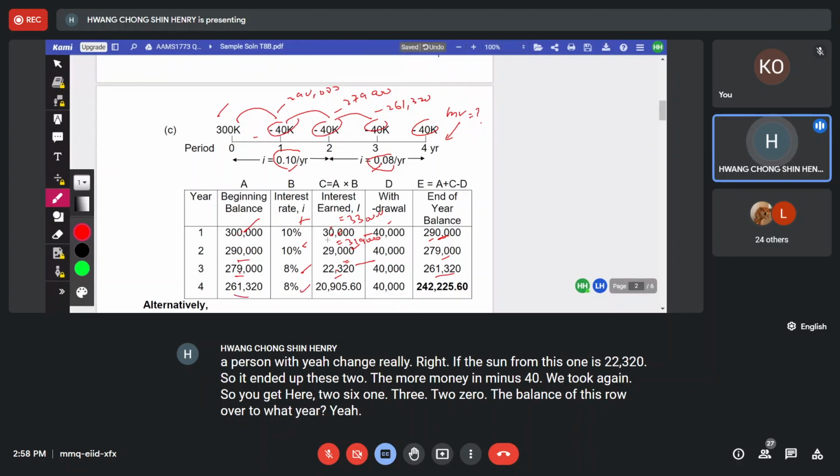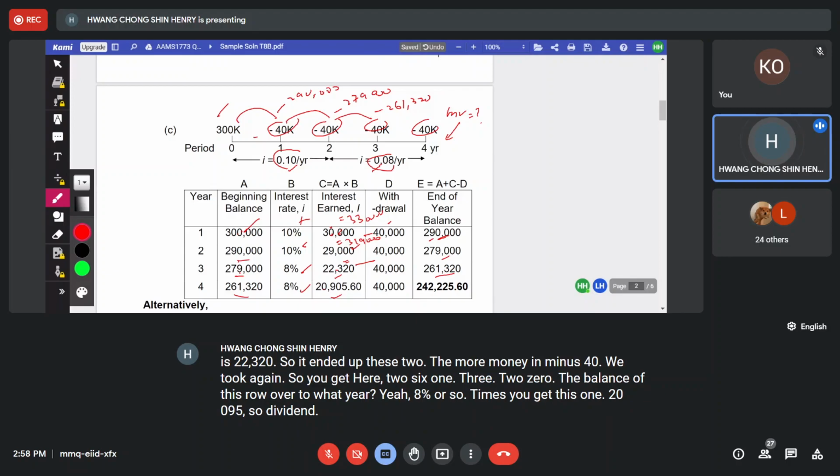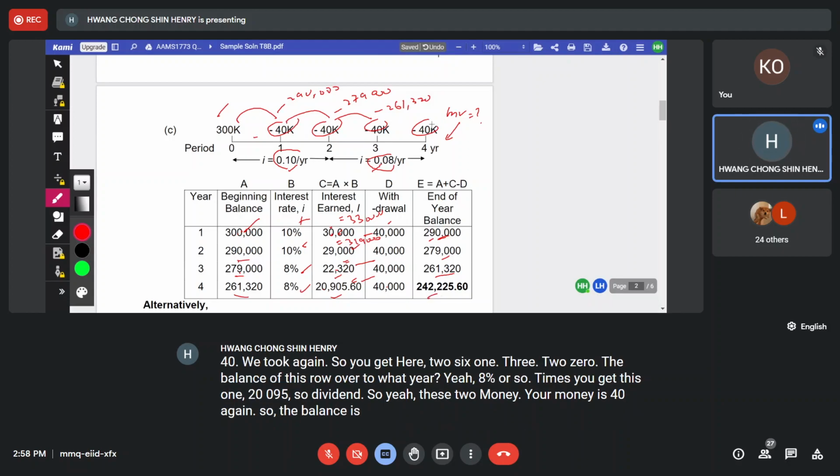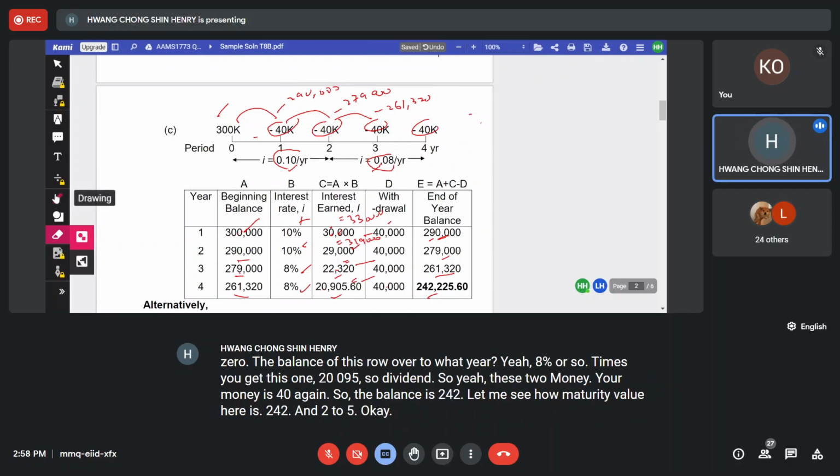Here, 8% also times, you get this one, 20,095 as your dividend. So you add these two, the money, you minus 40 again. So the balance is 242. That means your maturity value here is 242,225. Okay, 242. This is your maturity value.